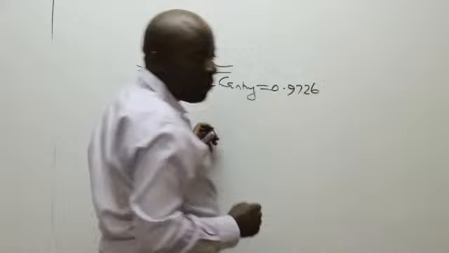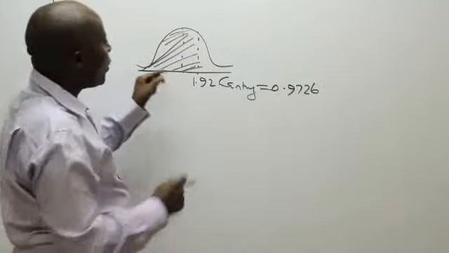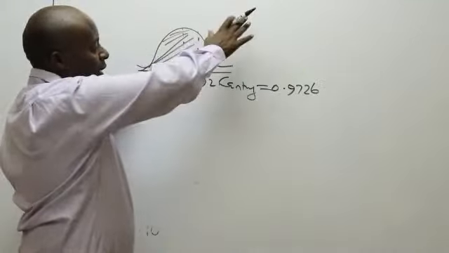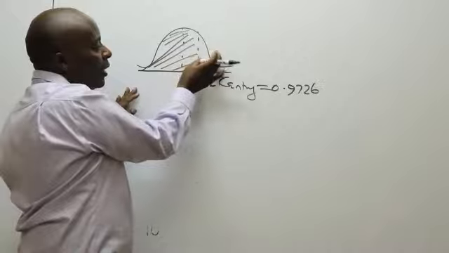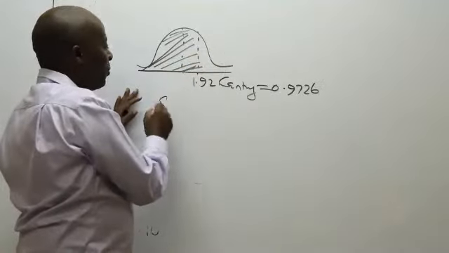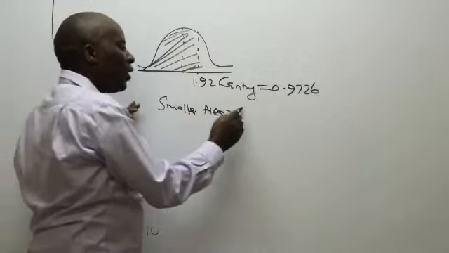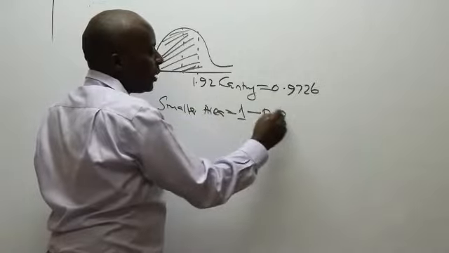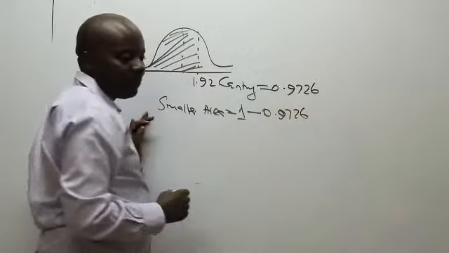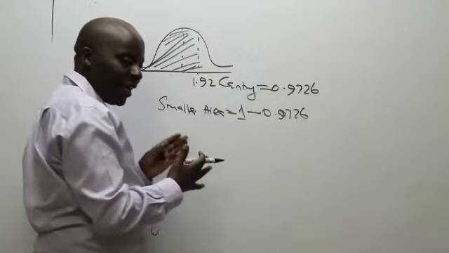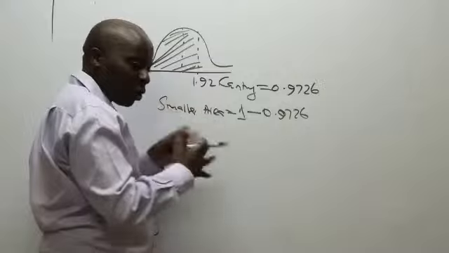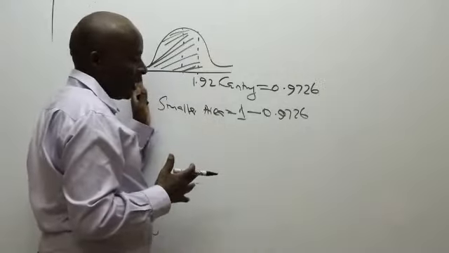Now, because this one is cumulative, and you want the small area, which in our case was shaded, the smaller area will be obtained by taking 1 minus 0.9726. Now you work with 1, not 0.5, because yours is total cumulative from the beginning.